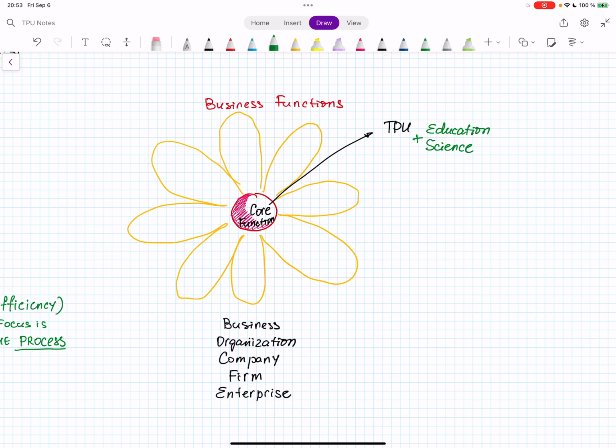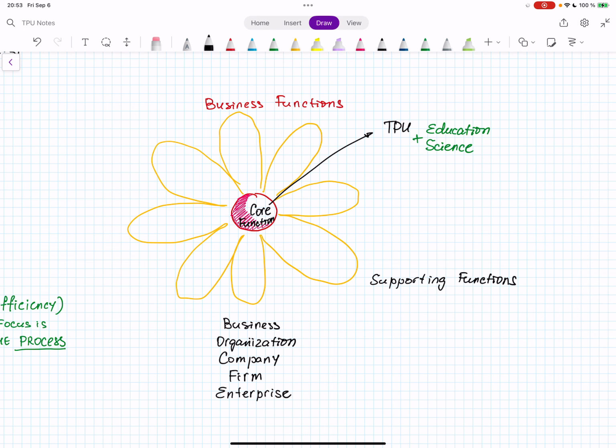Okay, but in order to perform that core function, you need what is called supporting functions. So supporting functions. Well, let me change the color. Supporting functions.